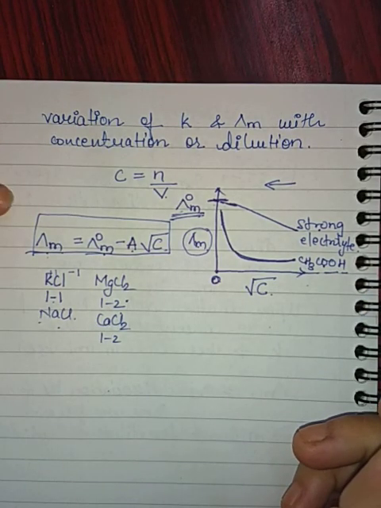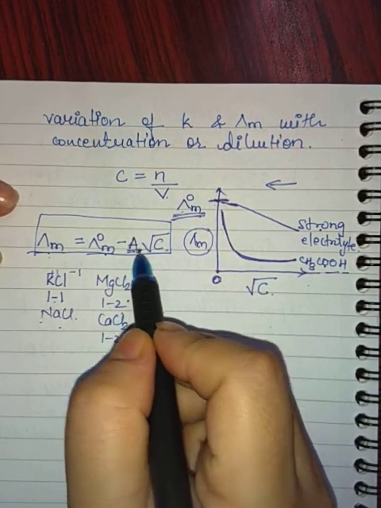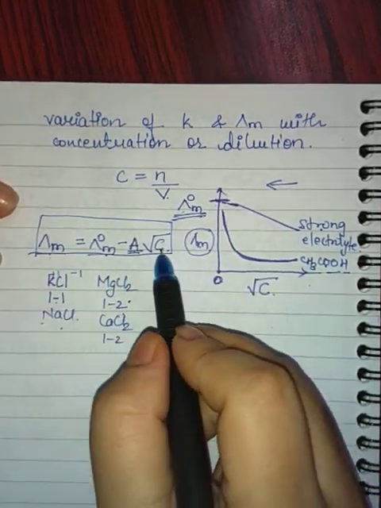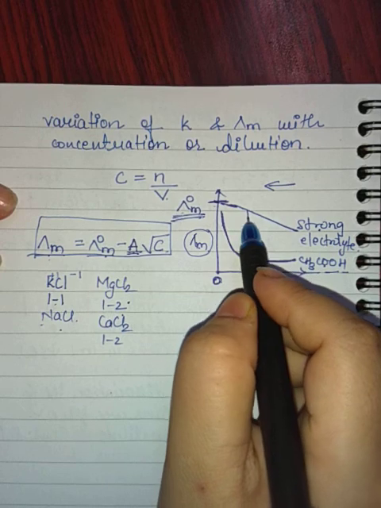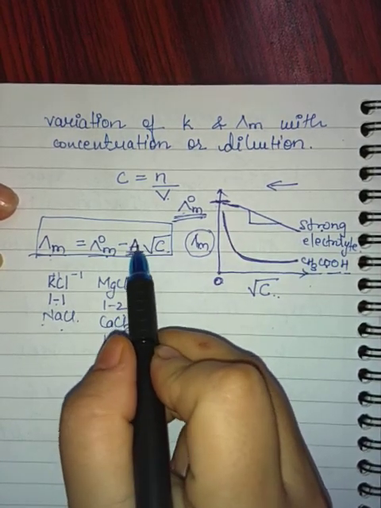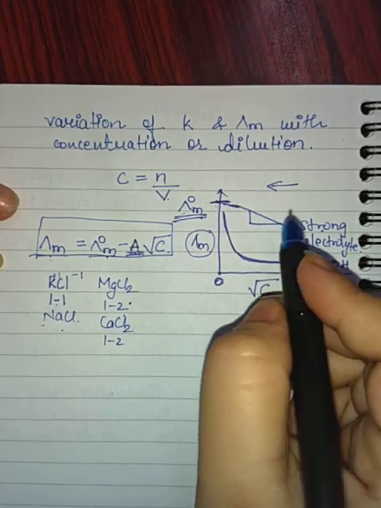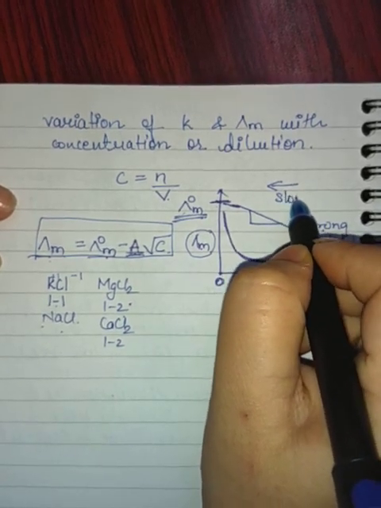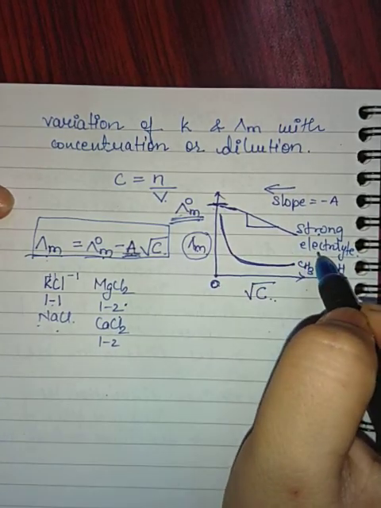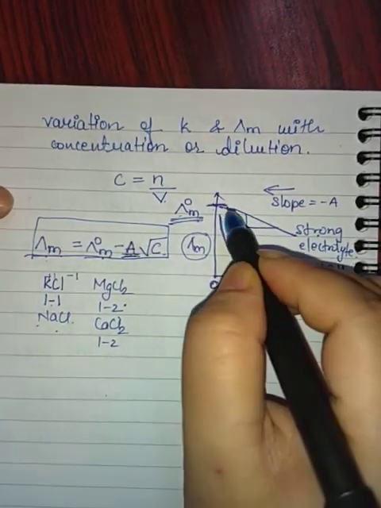Okay, how do we get the value of A? When you plot this graph of lambda m and square root of concentration c, the slope of the graph is minus A and the slope will be negative. Slope is equal to minus A. So the slope will also be negative since it is going in the decreasing order.